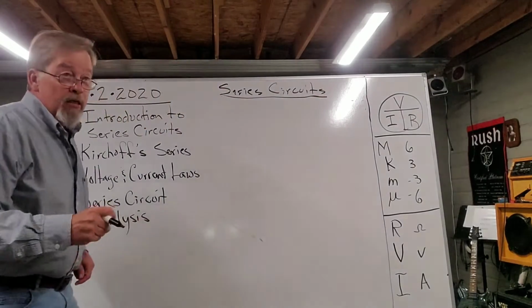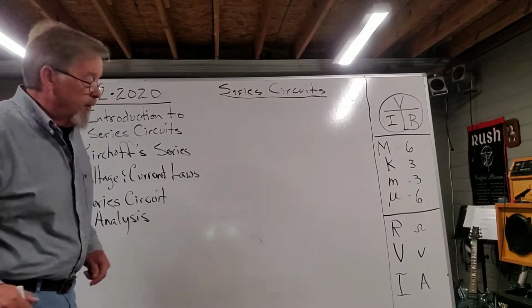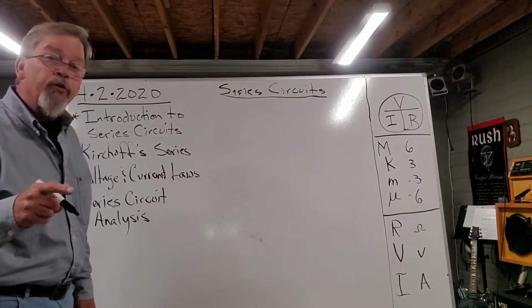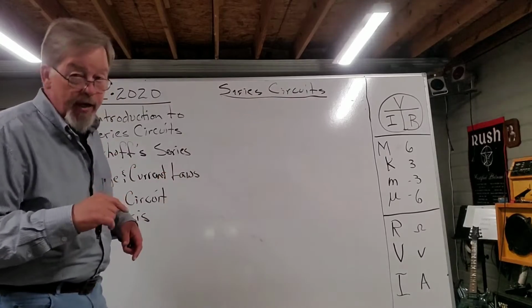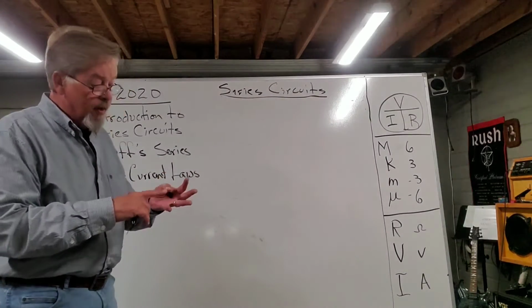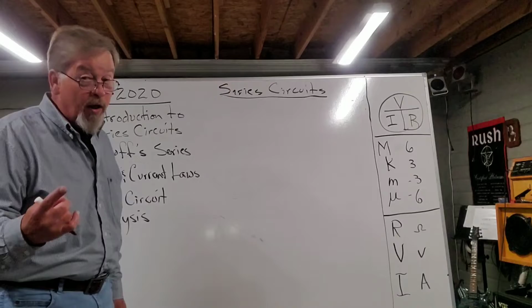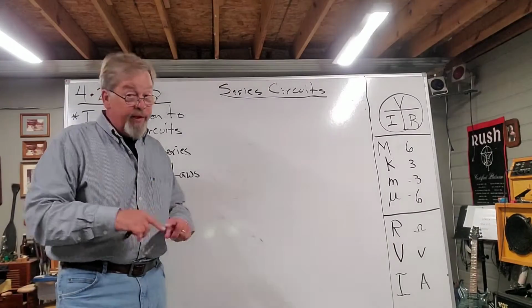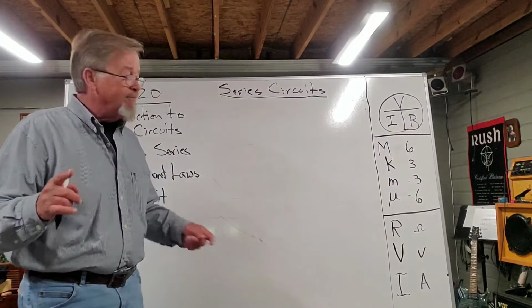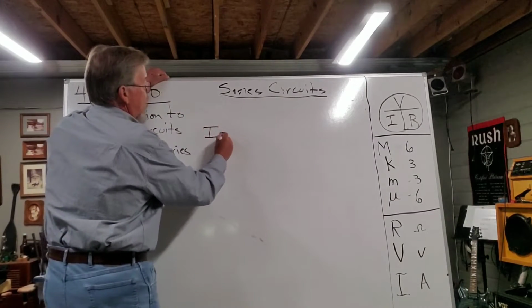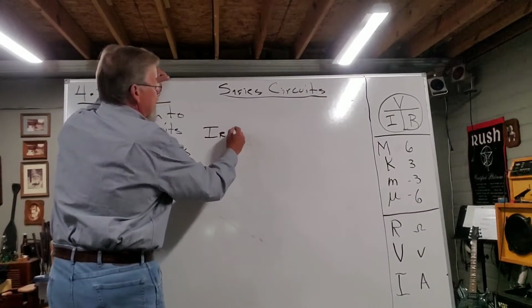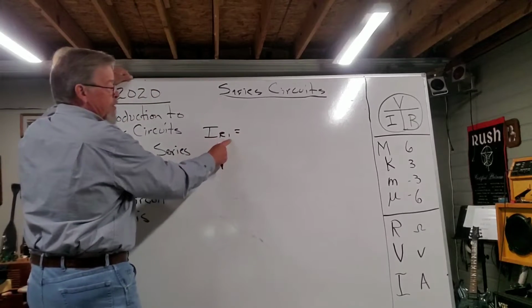All right, so that takes care of current. Now, what about voltage? Remember the big three, and that's what we've got to focus on with these different types of connections. And what happens to the big three? Well, one is that current is going to be the same everywhere. As a matter of fact, if I say IR1, that's the current through resistor 1.